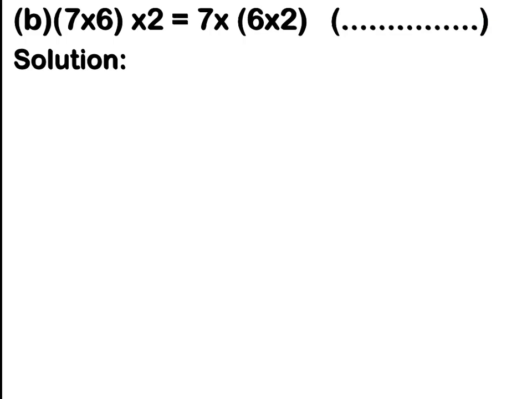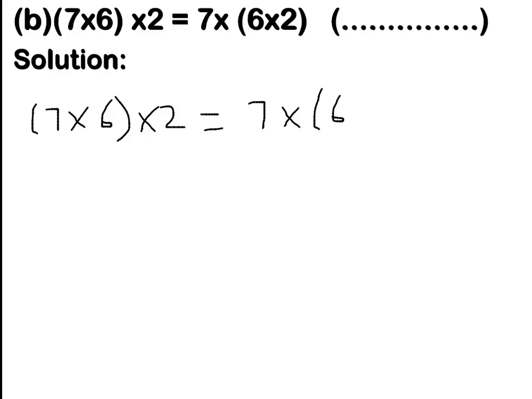We will solve the left side, that is 7 multiplied by 6 multiplied by 2. 6 1s are 6. 6 2s are 12. 6 3s are 18. 6 4s are 24. 6 5s are 30. 6 6s are 36. 6 7s are 42 multiplied by 2.